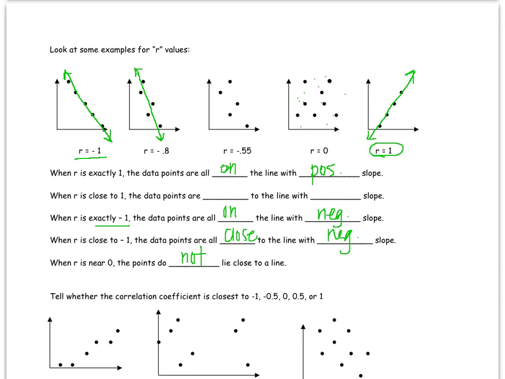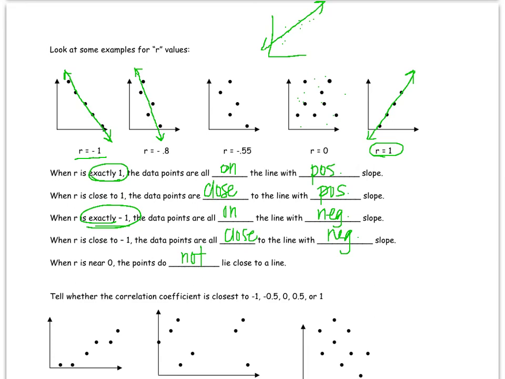If the points are close to 1, like a 0.55, let's say it looked like this, where it's all following a general path of going upward. So this is all close to a line, but again, it's got a positive slope. It's just not exactly a line until you hit 1 or -1.